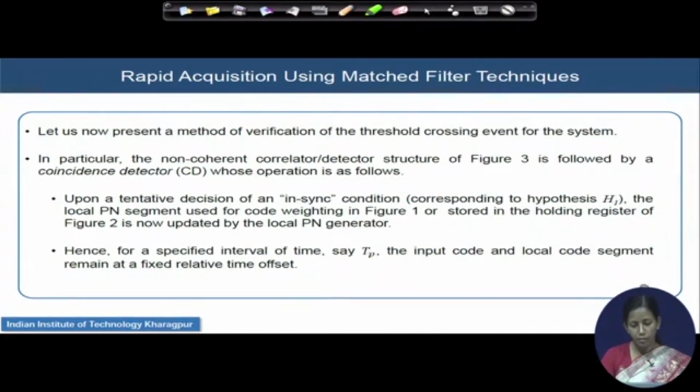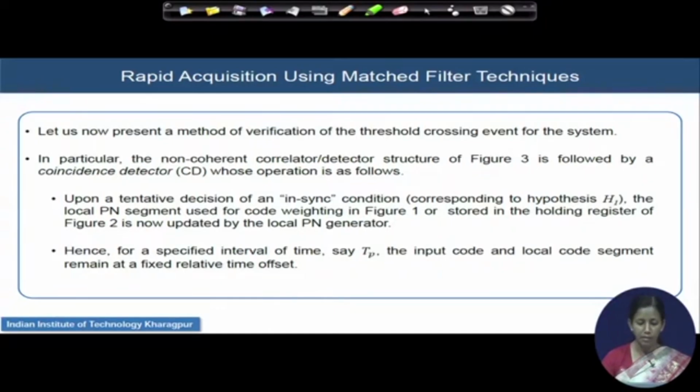Now let us put some comment on the verification mechanism that this kind of matched filter architecture uses, because we have just done the filtering and correlation operation, seen how it goes, and at the output how the decision is made inside the threshold detector. Let us see a little bit.